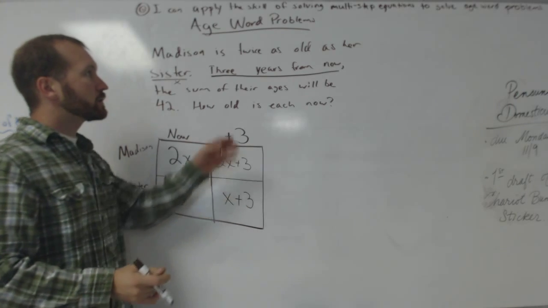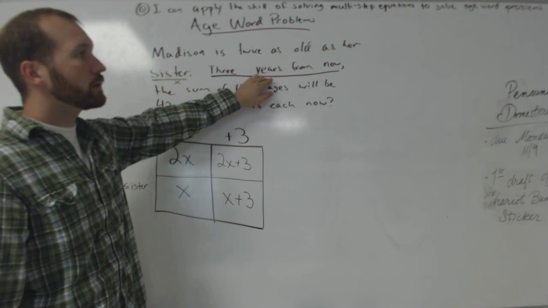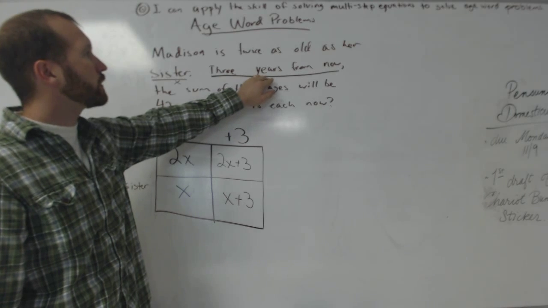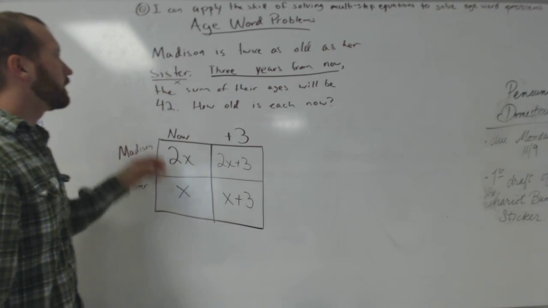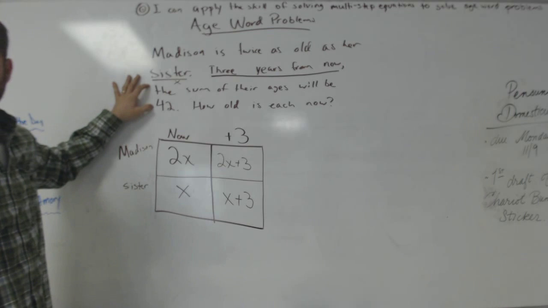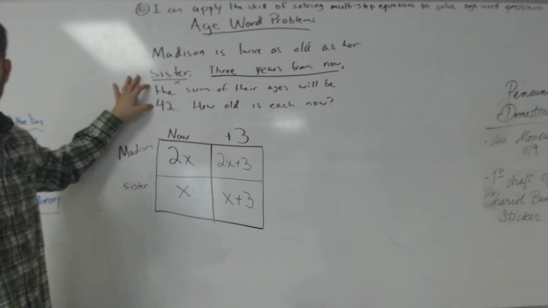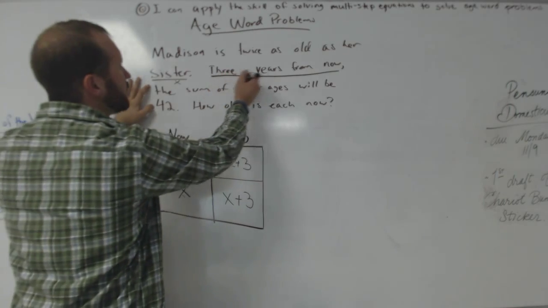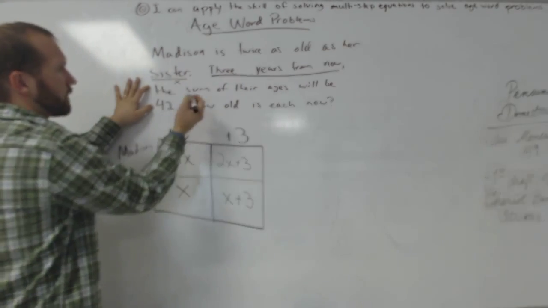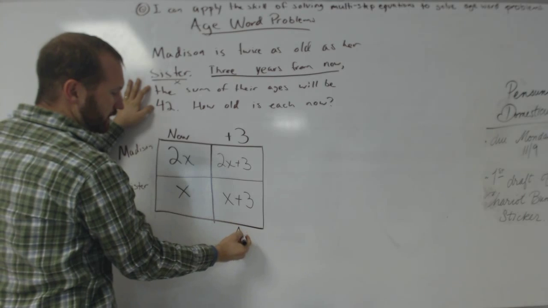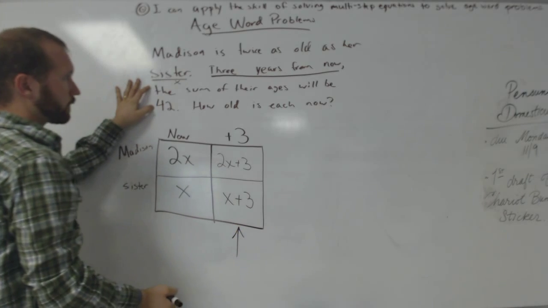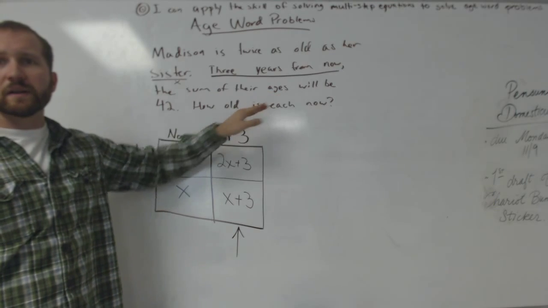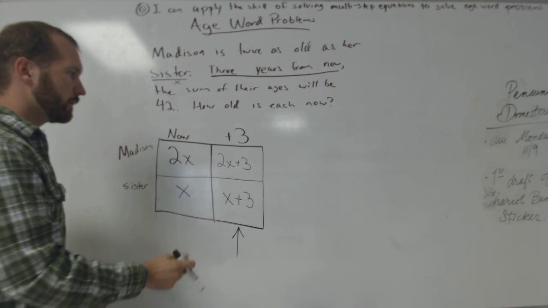So I stopped when I got here. The rest of the sentence I'm going to use to write an equation. Notice it's saying in 3 years, the sum of their ages. So I'm using this column here. The sum of their ages means their ages added together.